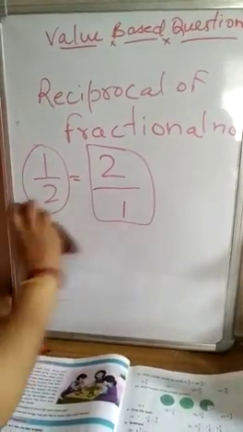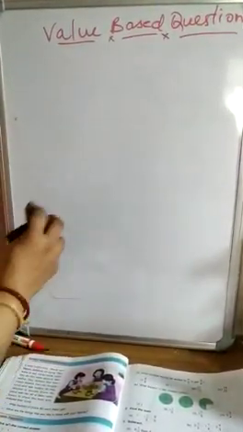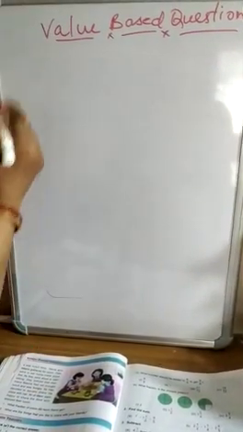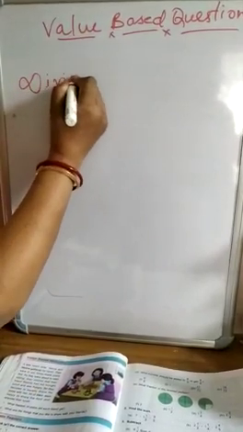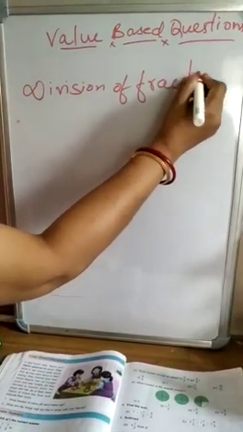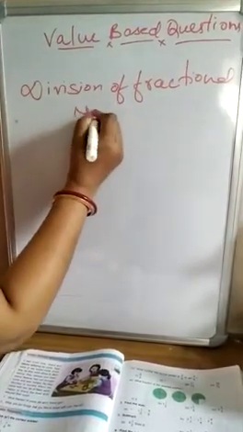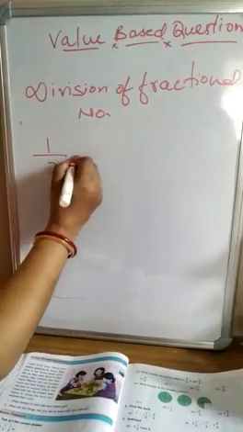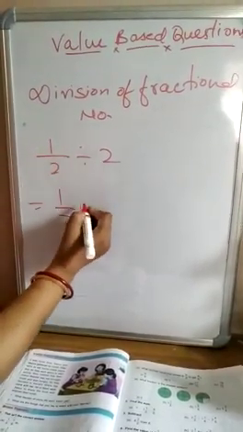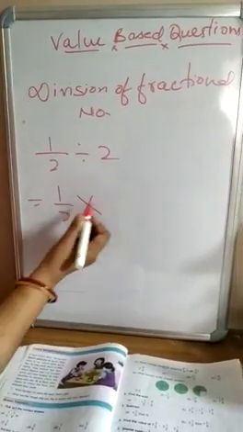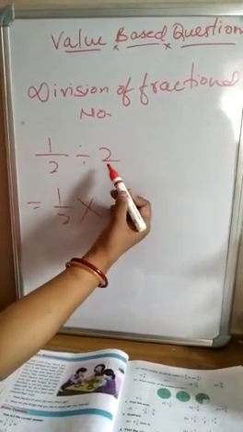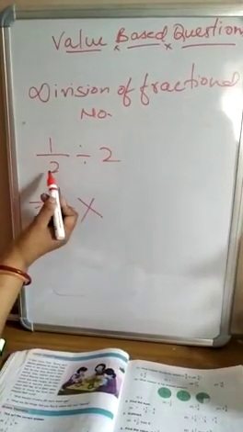Simple. Now next topic, that is division. In case of division of a fractional number, for example 1 by 2 divided by 2. Here 1 by 2 is the dividend and the division sign is changed to the multiplication sign, and for the divisor we write the reciprocal of the divisor. Here the divisor is 2 and the dividend is 1 by 2.